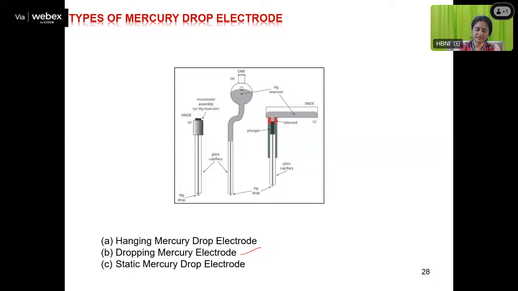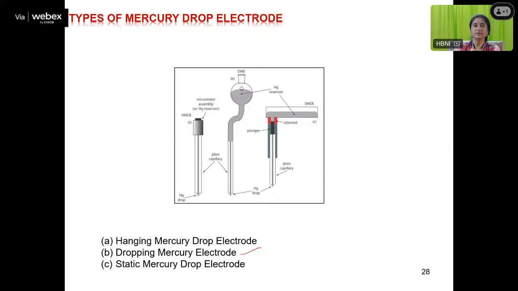Then in the SMDE, the static mercury drop electrode, the measurement happens like in the dropping mercury electrode, but the measurement of current is only at the stable size of the drop. When the drop is forming and attains a particular size, at that time the current will be measured, and then there will be a mechanical impact to the electrode, and the drop will fall.